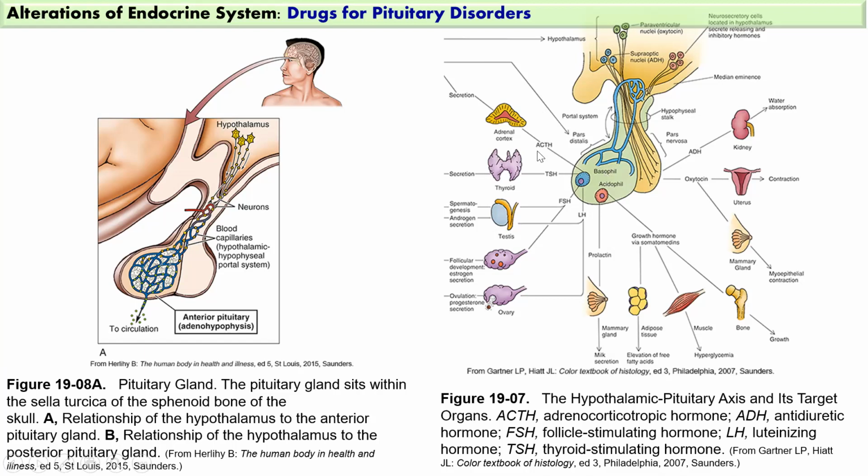The anterior lobe secretes hormones that control different glands and organs. The anterior lobe of the pituitary gland secretes the ACTH hormone, adrenocorticotropic hormone. ACTH controls the adrenal glands to produce steroids, epinephrine and norepinephrine.